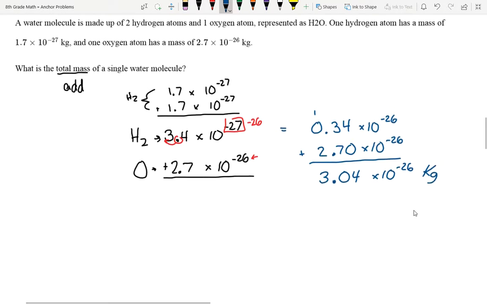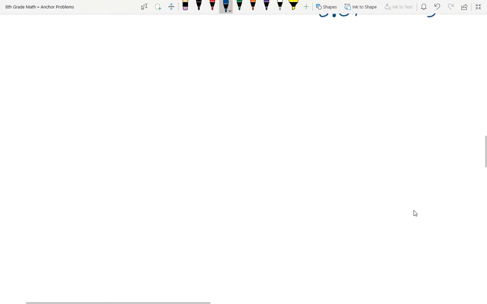That's the last problem. But before we call it good for these notes, what I'd like to do is just to make sure we understand and review some 2 quick concepts here.